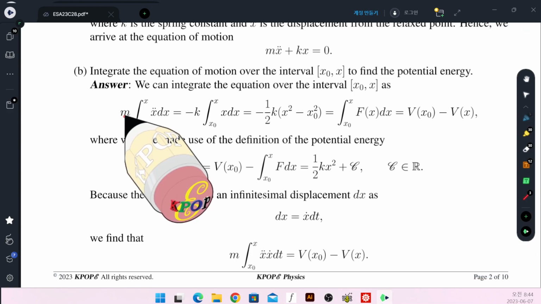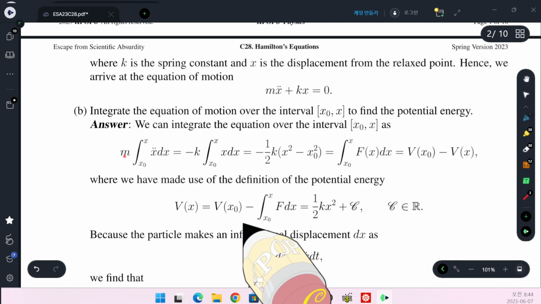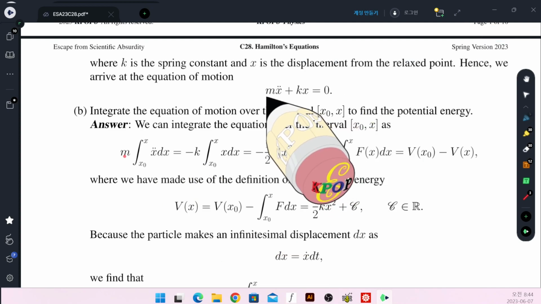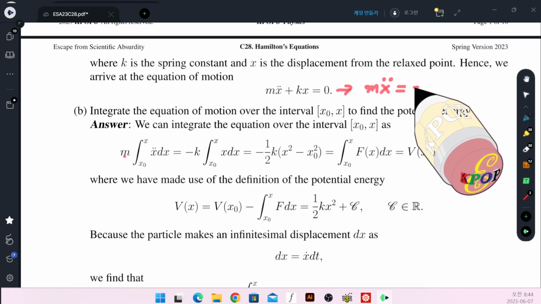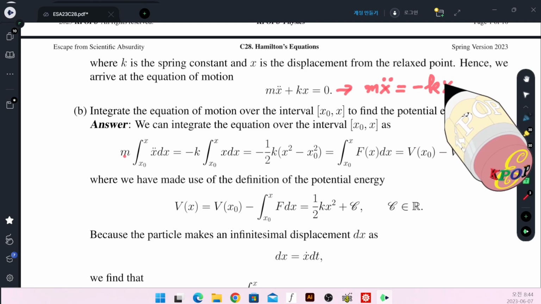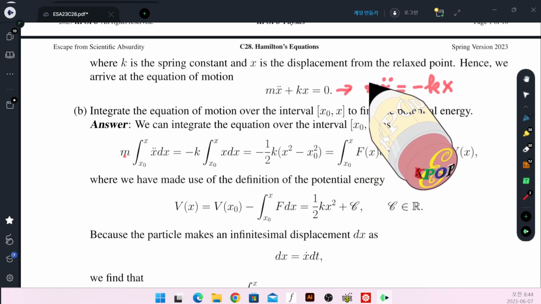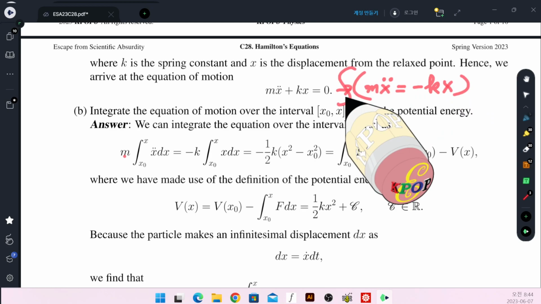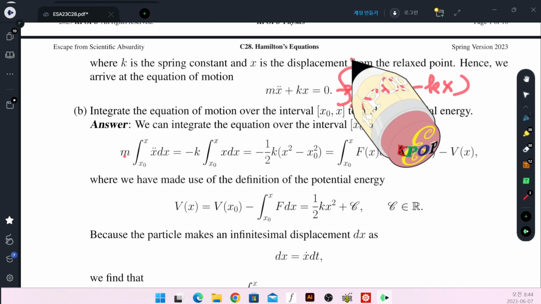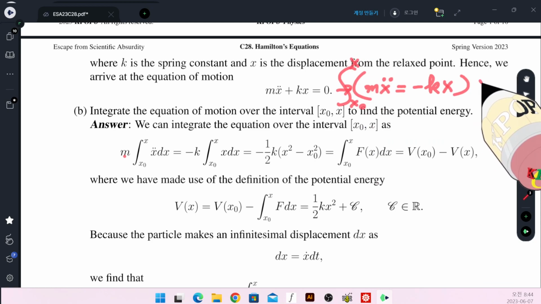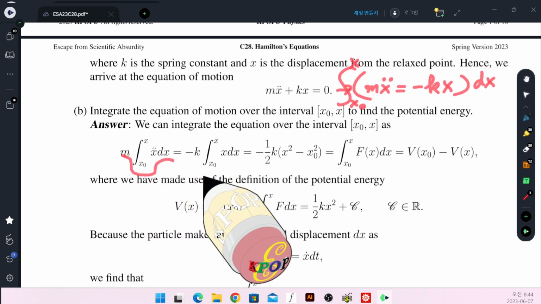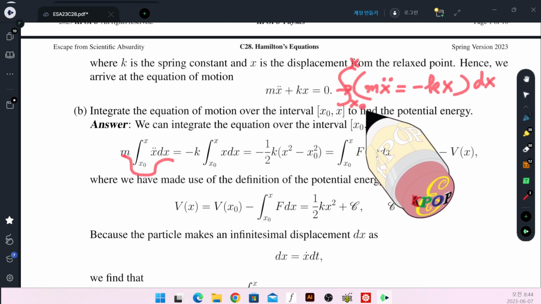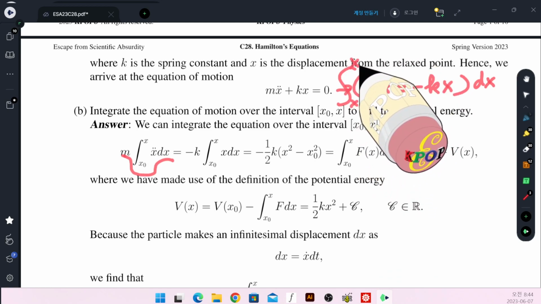So we rewrite this one into the original form, and we integrate both sides from x0 to x over x. Then this part is mass times acceleration dx, integrated from the reference point x0 to an arbitrary point x.